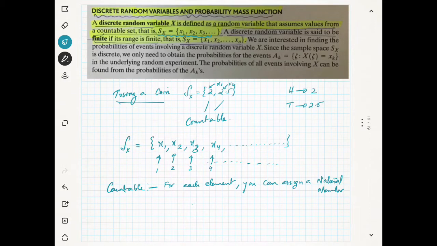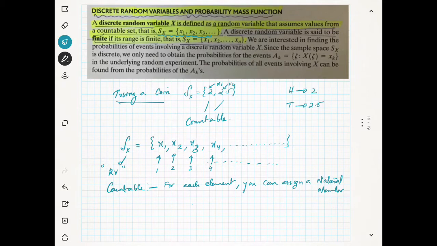But there are some cases here. A discrete random variable is defined in such a way that your random variable X contains many elements, an infinite number of elements, but for each element you can assign a natural number.